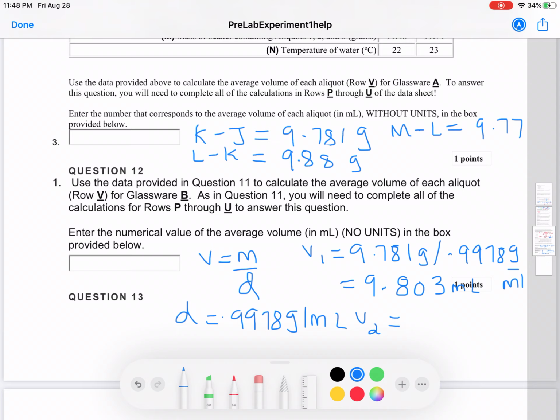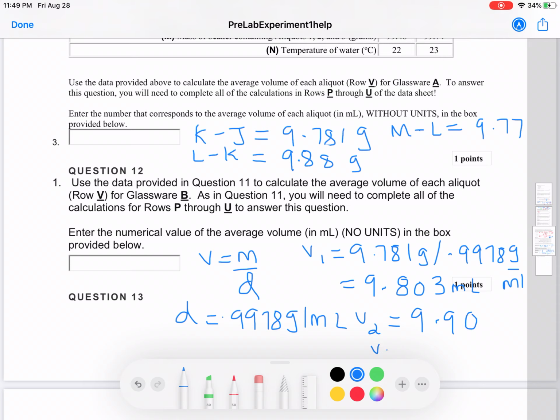Likewise, V2 is going to be 9.88 divided by 0.9978. We have to keep it to 3 significant figures because 9.88 has 3 significant figures and the density has 4. So 9.9017, and we're going to keep it as 9.90.